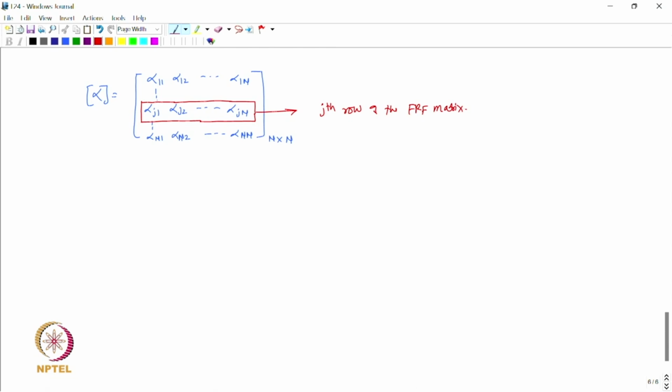And when we measure this row, what essentially we are doing is that the response DOF is fixed at the jth point or DOF. We are taking measurement of response always at the jth point, and the excitation DOF is varied from 1 to n.